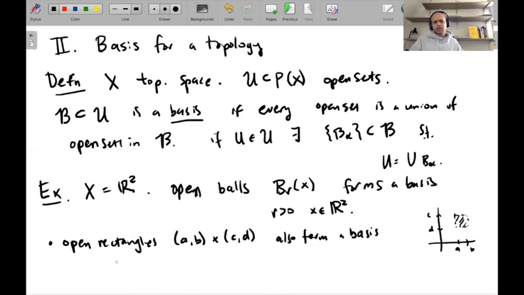The reason is that any open ball around a point x contains a smaller open rectangle, or even square, around x. So if you're a union of open balls, then you can also be written as a union of open rectangles.